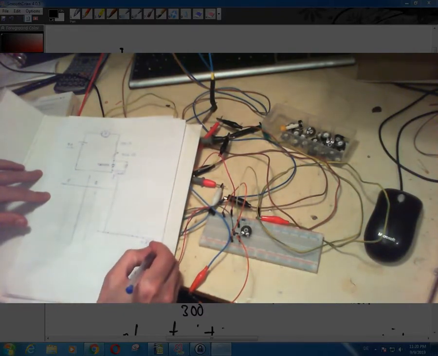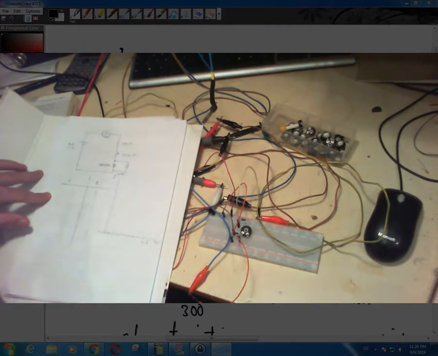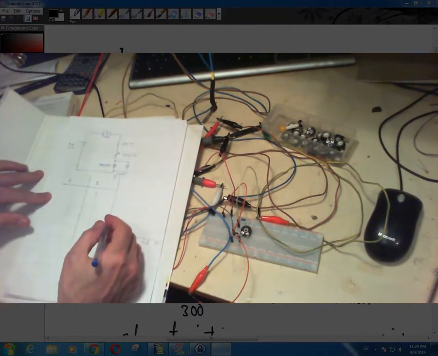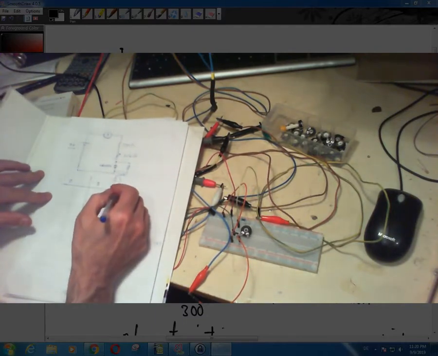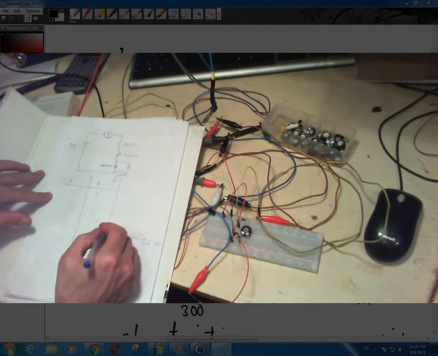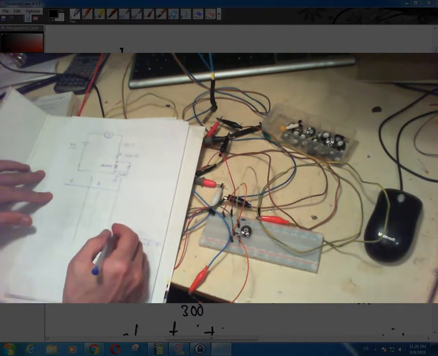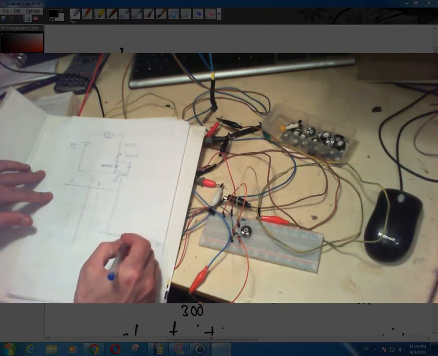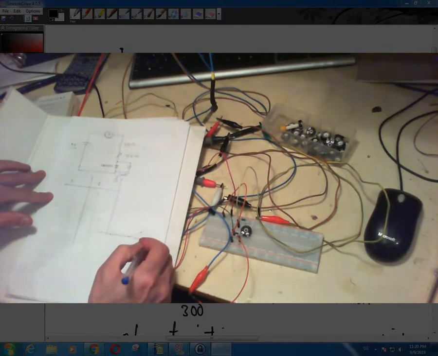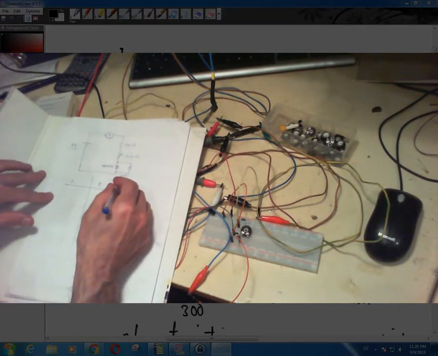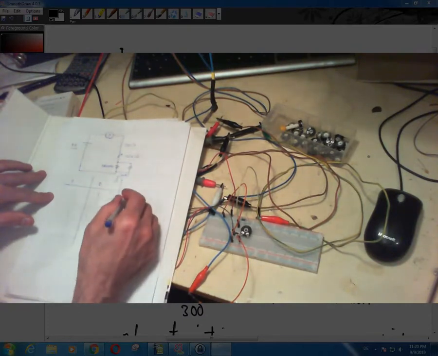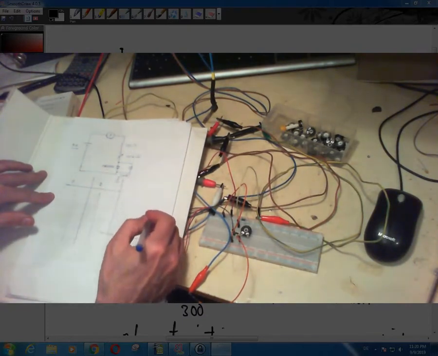This is your voltage in volts. So this goes all the way up to, for example, 24 milliamps, and you would have some graph like this.